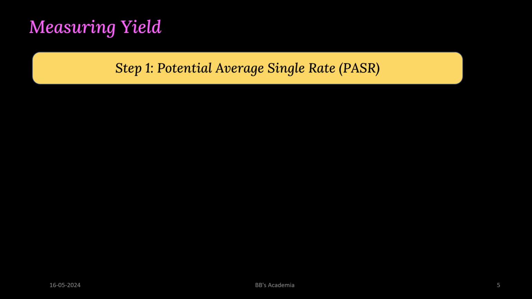Measuring yield. Now to measure yield, there are different KPI formulas, and we'll first discuss them, then we'll take up the example to understand it in a better way. First one, potential average single rate, which is known as PASR.